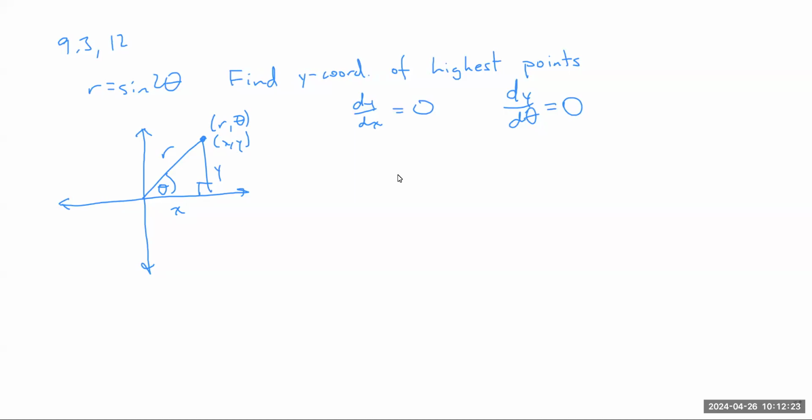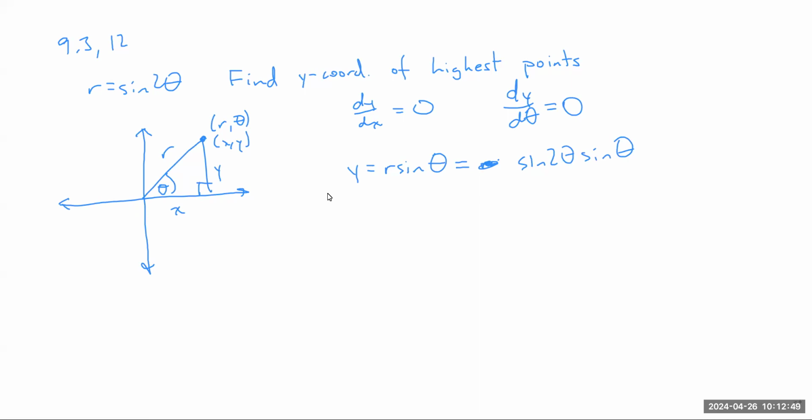If I want to relate y to r and theta, it'll be y equals r sine theta. In general, that's true. For this particular problem, r sine theta is equal to sine 2 theta sine theta. So I can take that derivative with respect to theta, so that's 0.